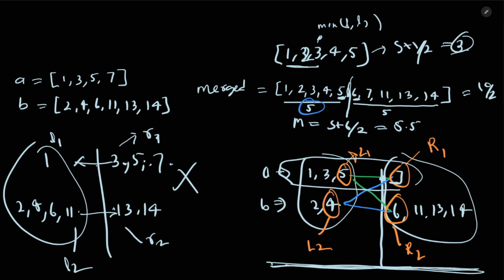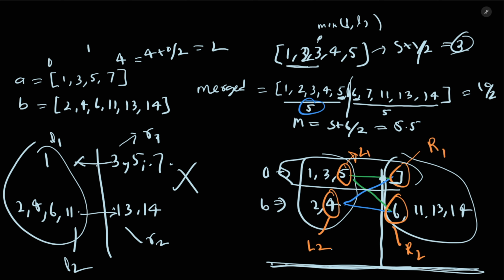Here I want to use binary search to find the median, and I will take the smallest array, that is A. How binary search works: you take the length of the array, so I take 0 and the total is 4, and then you divide by 2. So 4 plus 0 divided by 2 gives me 2.